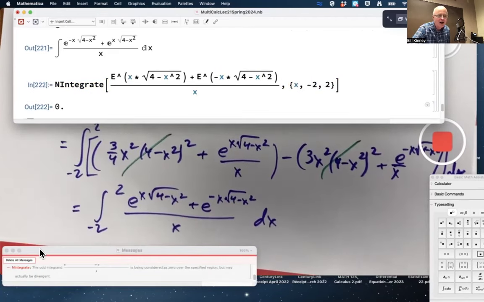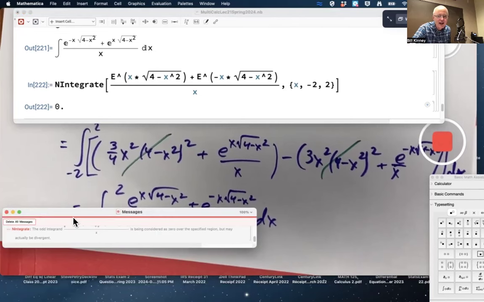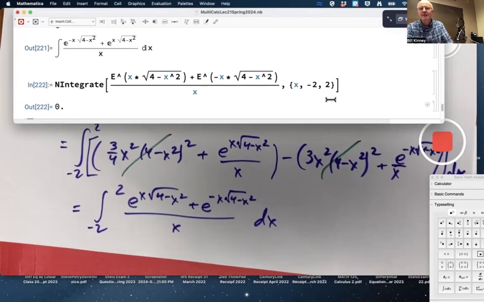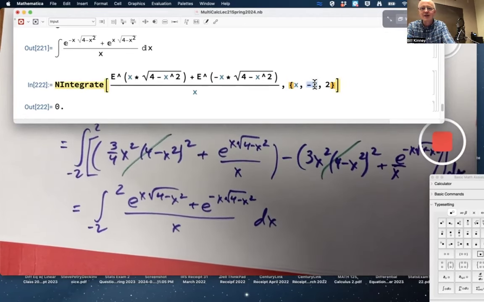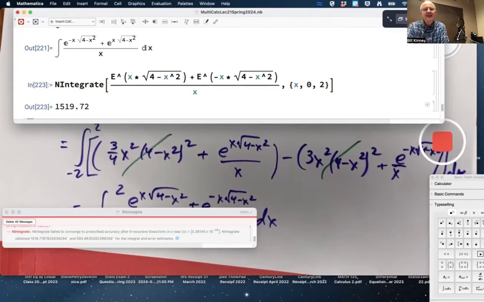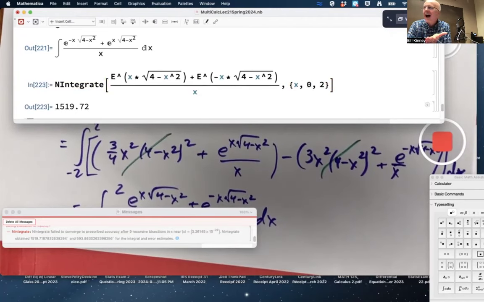Okay. Well, it says down here that it may actually be divergent. I mean, we could try integrating it from 0 to 2 as well. Okay, it's giving a number. I have no idea if that's right or not.